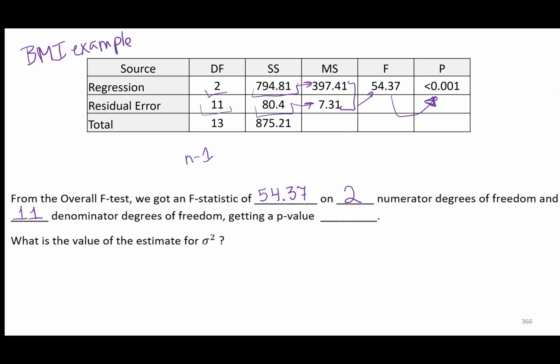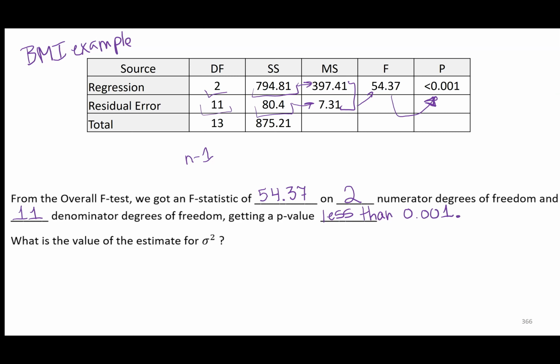Note that sometimes we'll write it more casually. We'll say, an F statistic of 54.37 on 2 and 11 degrees of freedom. It's always implied the one that's first is the numerator degrees of freedom. If you mix them around, we will go, hey, wait, which one's the numerator degrees of freedom. Getting a p-value, it looks small, so I'm just going to say less than 0.001.